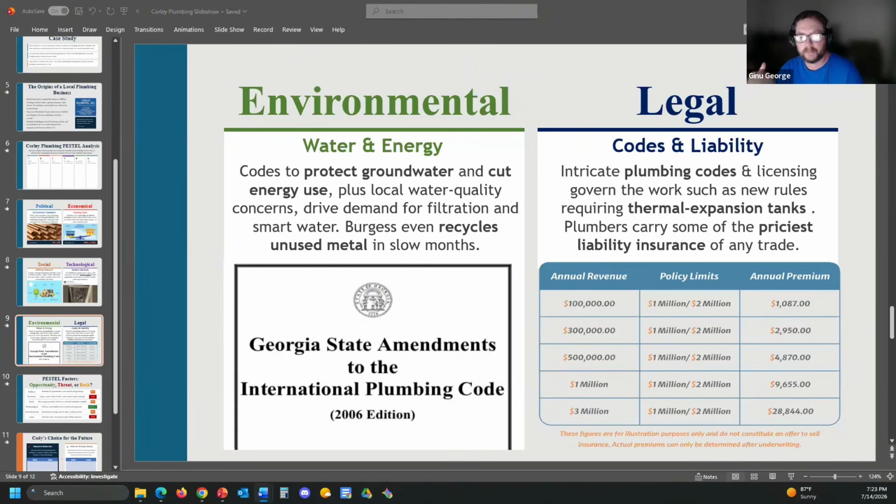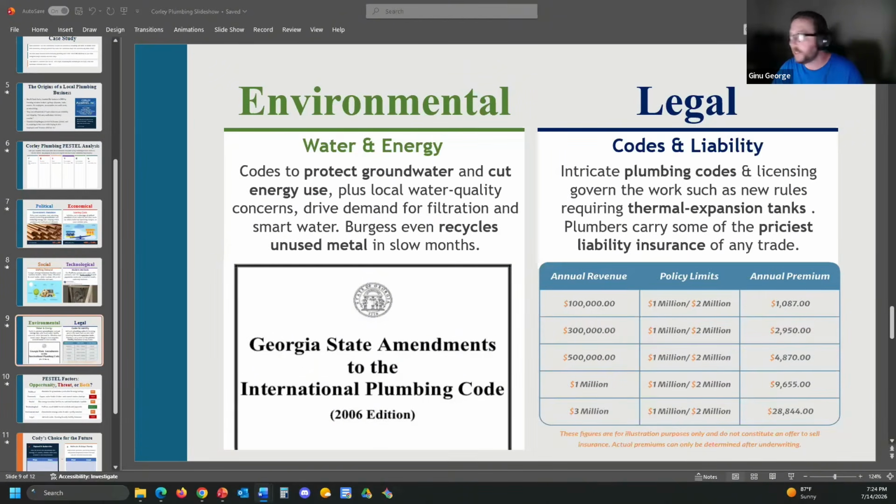So he has to recycle any metal that he's not using. It's environmental factors there.